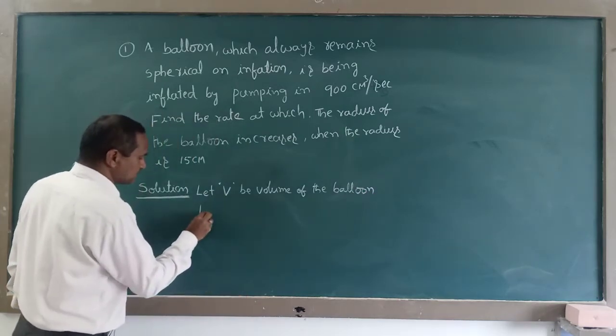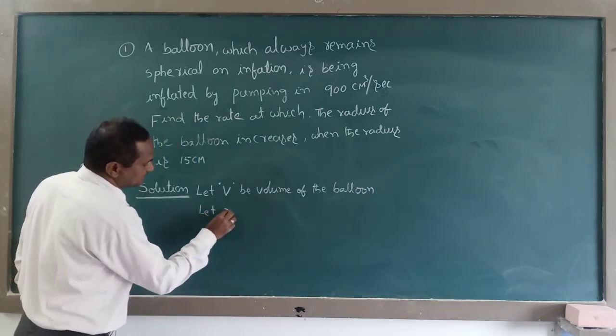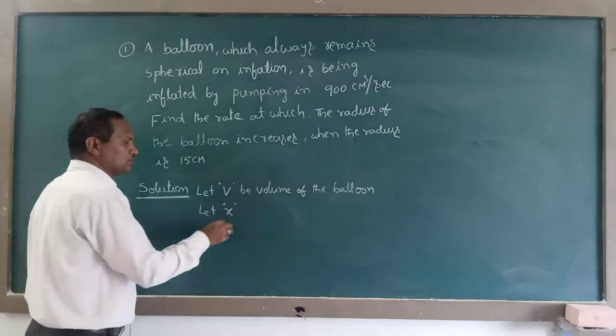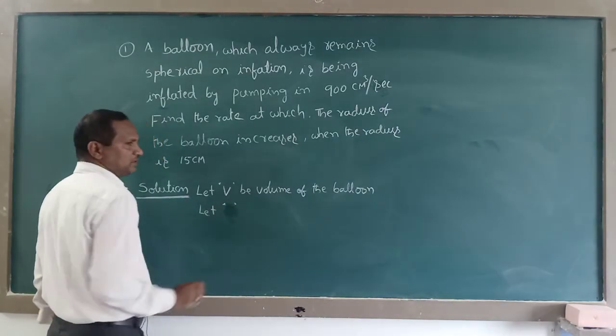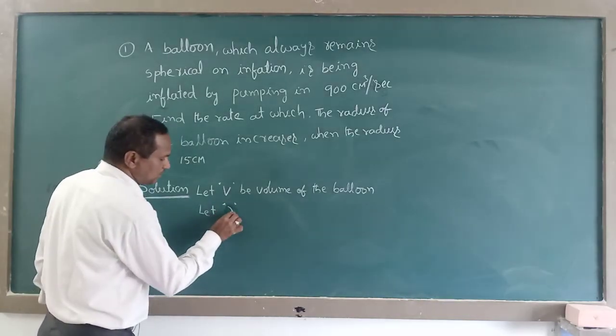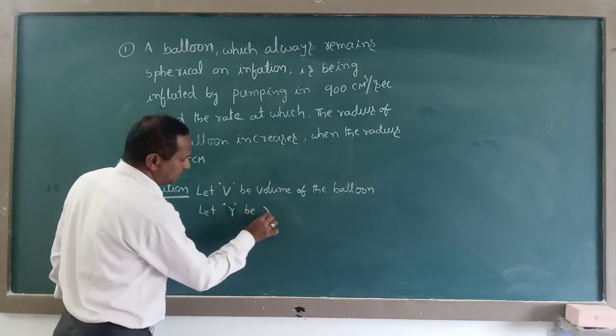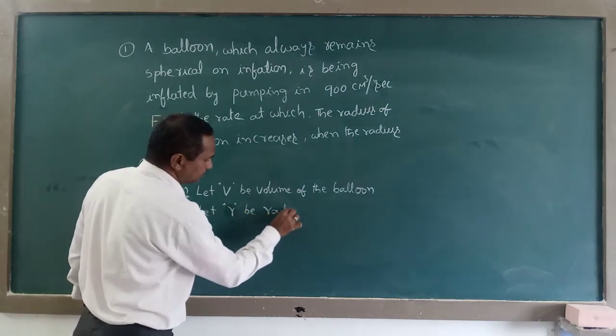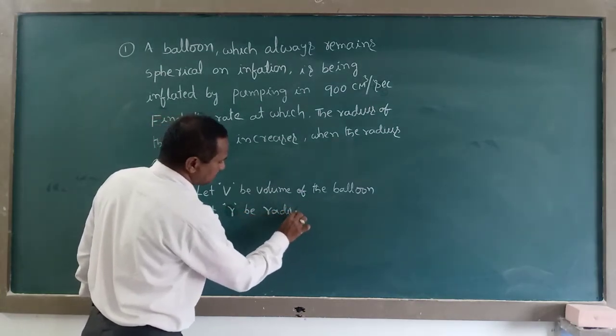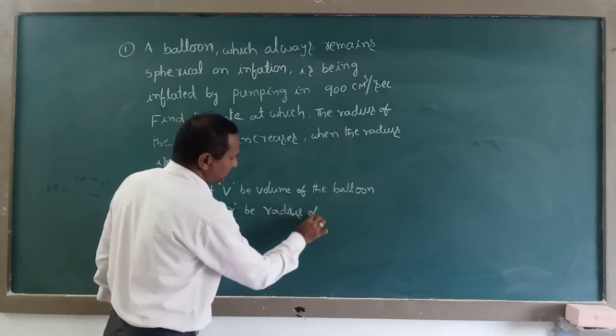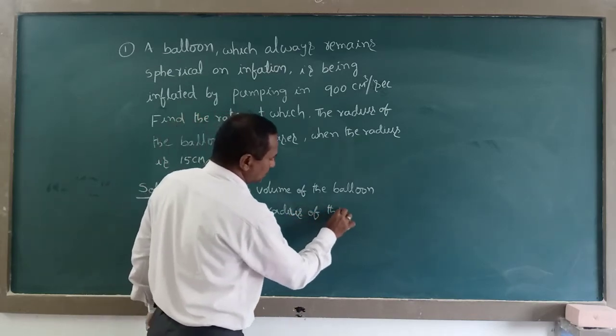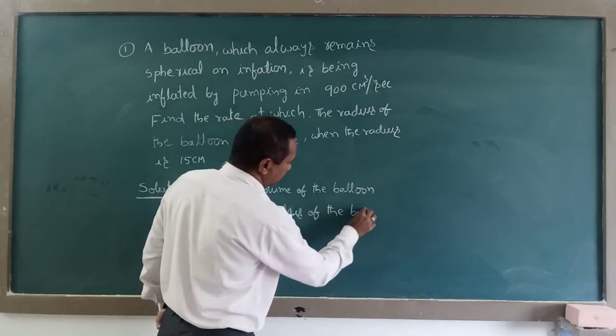And let small letter x, or you can take r also, small letter r or small letter x, no problem, small letter r be the radius of the balloon.